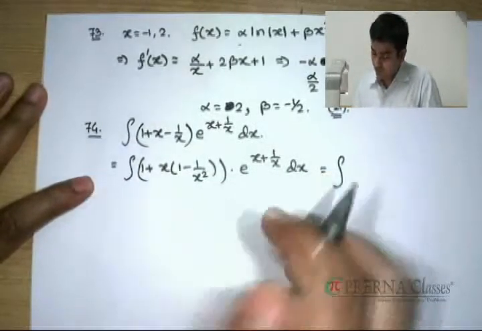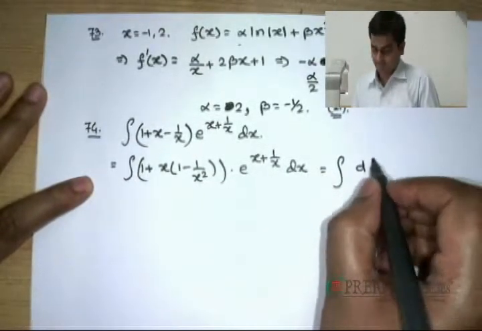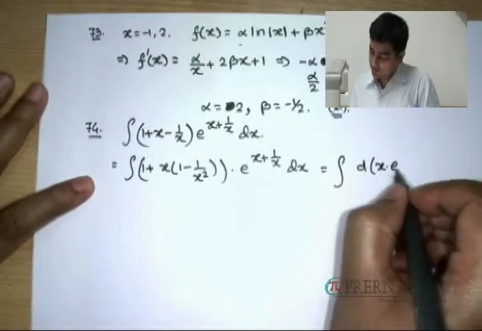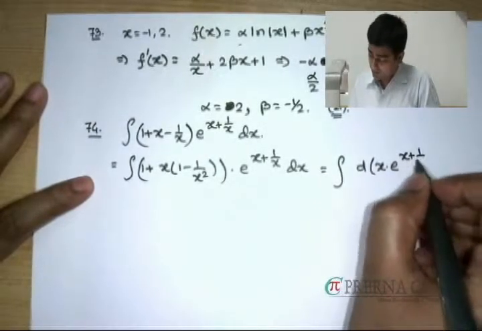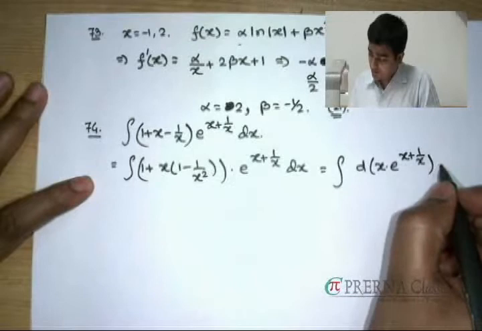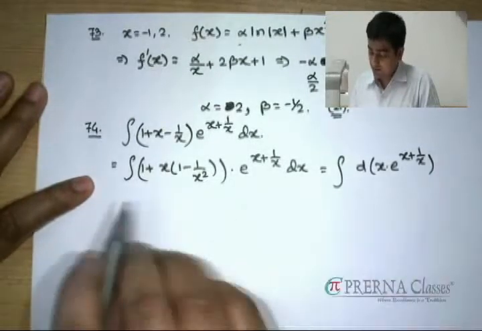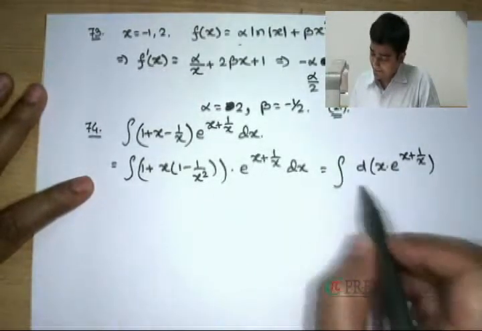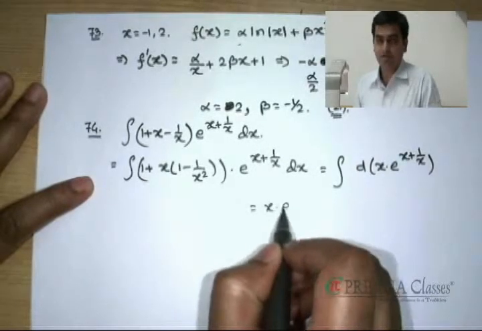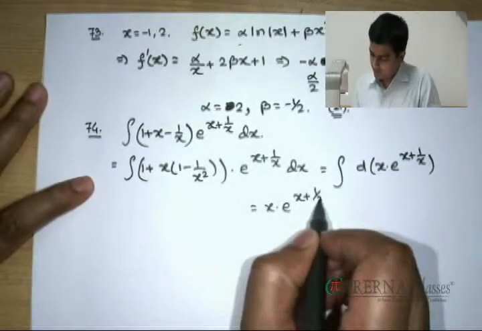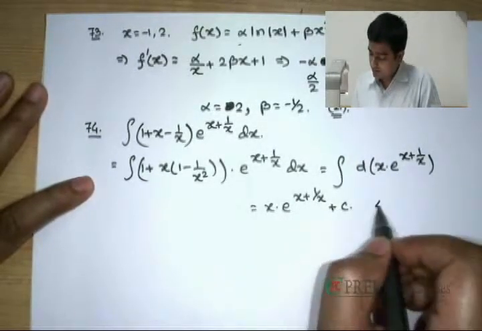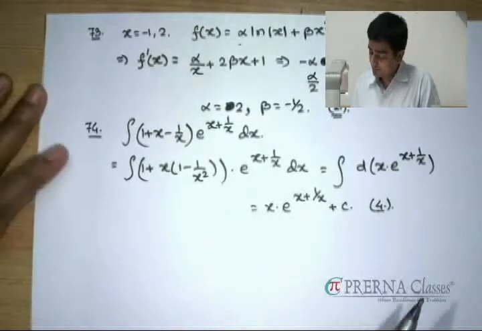Moreover, now if you look at this whole setup, this is the exact differential of x into e to the power x plus 1 by x. This is what that expression is simplifying to, integrating which we will end up getting this expression, which is matching with the option 4 in that problem.